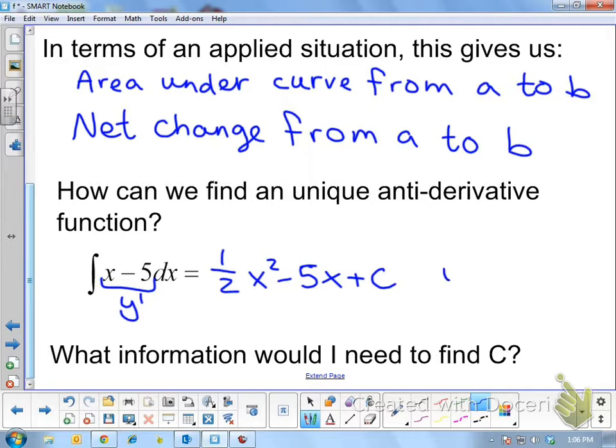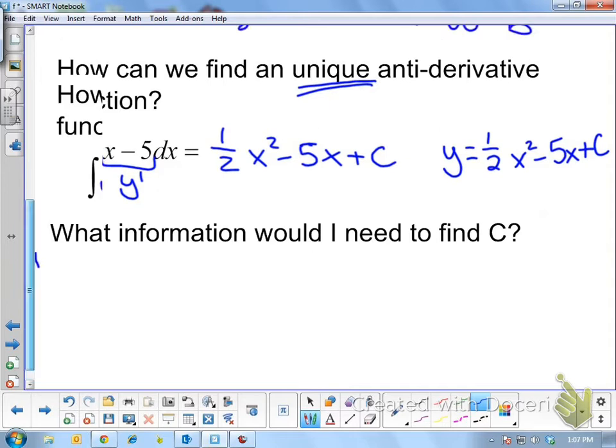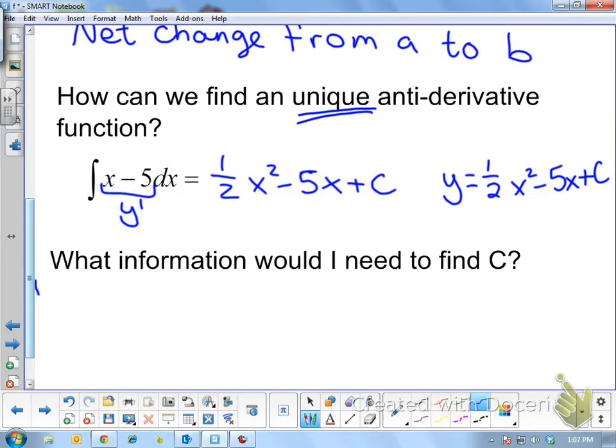If that's the derivative, when you integrate the derivative, you get the original function: x squared minus 5x plus c. So if I want to find a unique one, that means I don't want an infinite number of solutions. I want one to be my answer, one number for c, not multiple values possible.